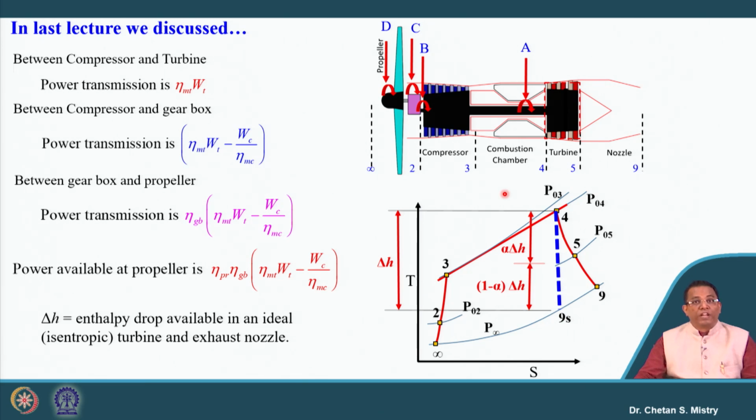To understand that part, we took the approach where we considered the ideal enthalpy drop from 4 to 9s, and from there we considered some fraction alpha as a power split factor. Alpha times delta H is considered for the turbine, and the remaining amount, 1 minus alpha times delta H, is configured for the nozzle. This is what we discussed in the last lecture.